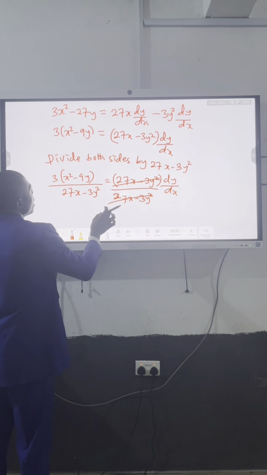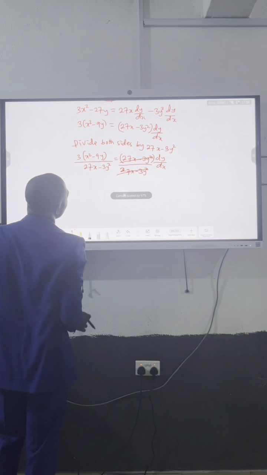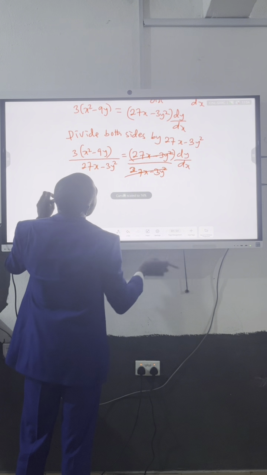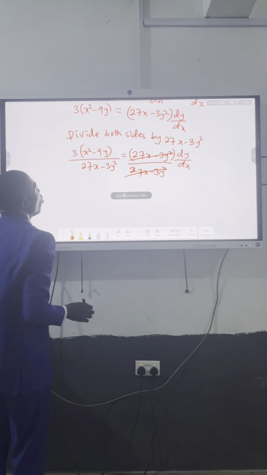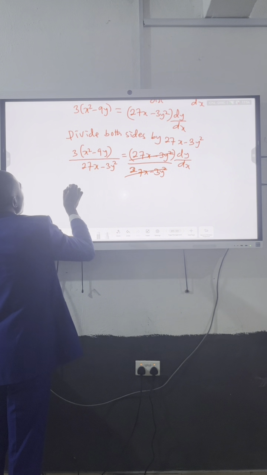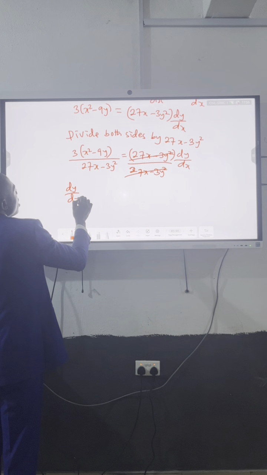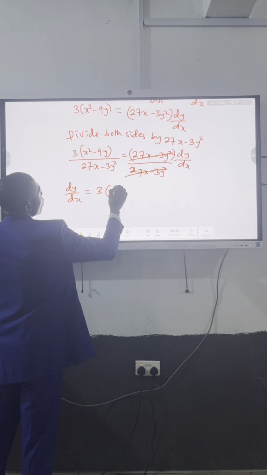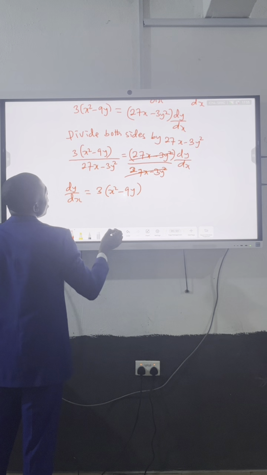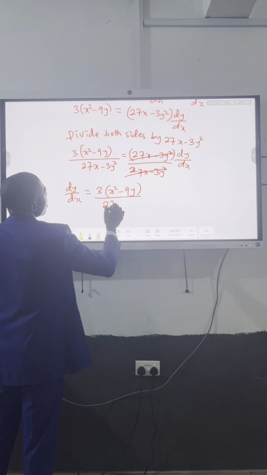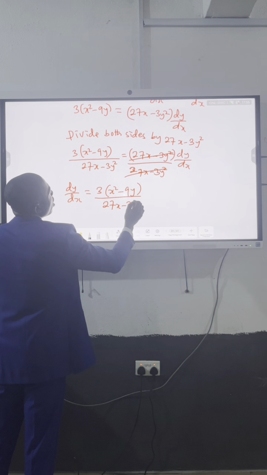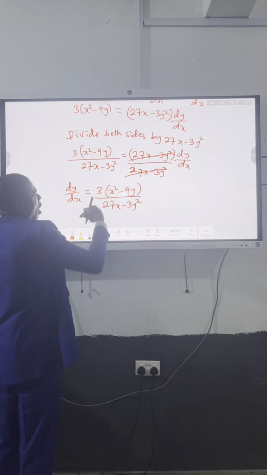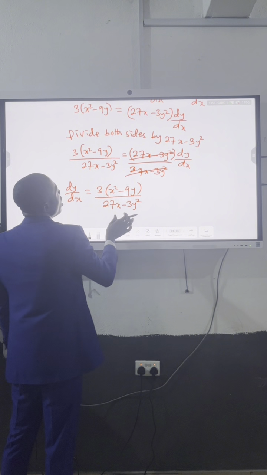It means that finally, dy/dx is equal to 3 into x squared minus 9y all over 27x take away 3y squared. But you can factorize 3 here again, so that 3 can help you cancel this one. What I mean is this.